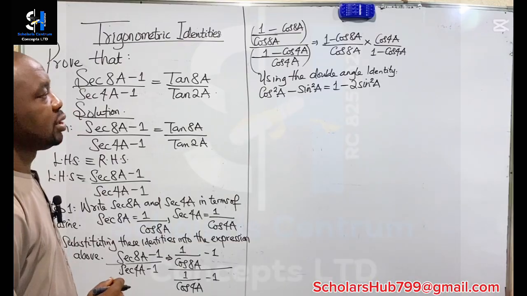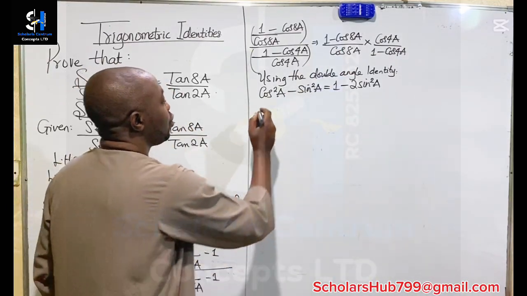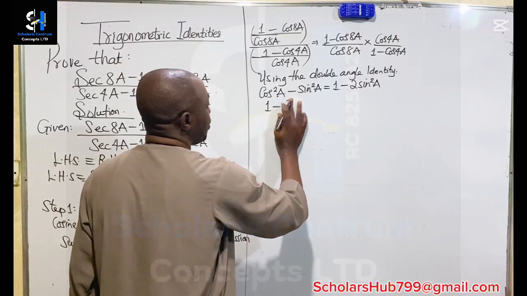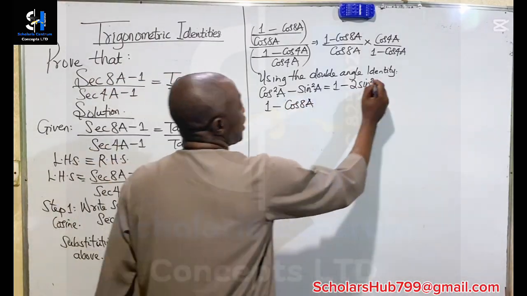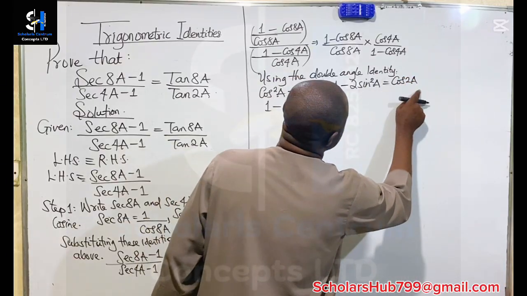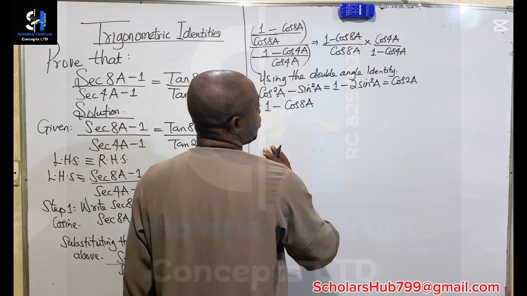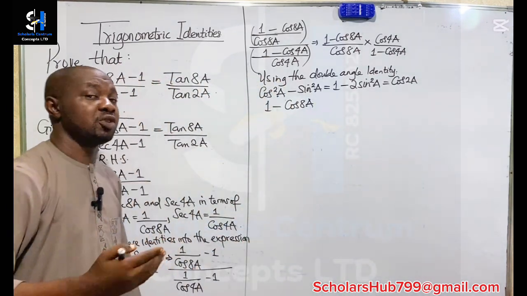So if I move this outside and move this in, 1 minus cos 2a will be equal to 2 sine square a.